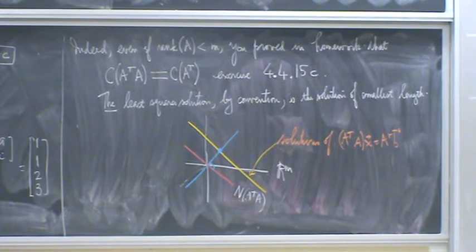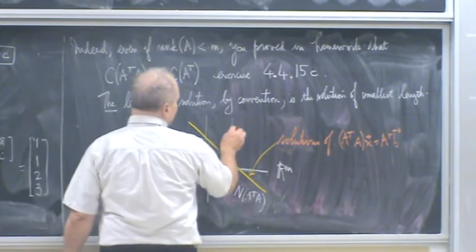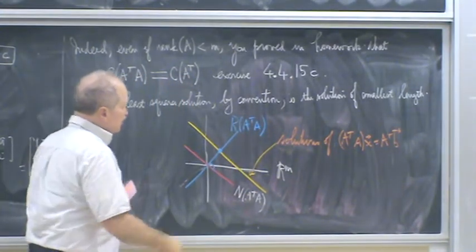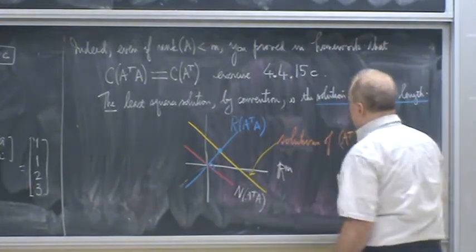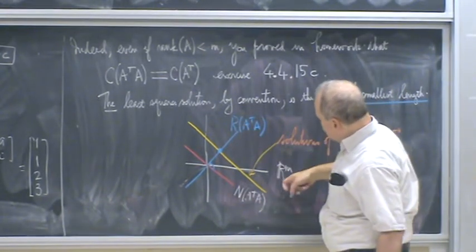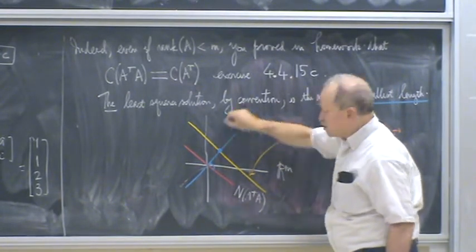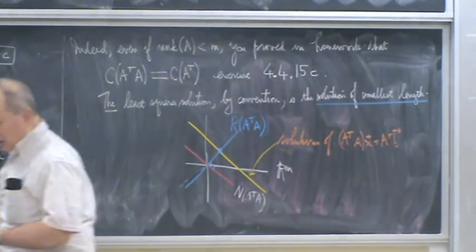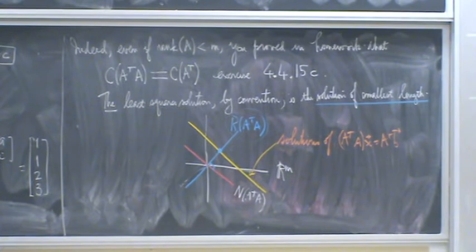What's the perp of a null space? It's the row space. So the vector of smallest length is the solution that's also in the row space of the matrix. That's what's conventionally called the least squares solution. But any problem you guys are going to do in this course, there will be a unique one, so you don't have to worry about this.